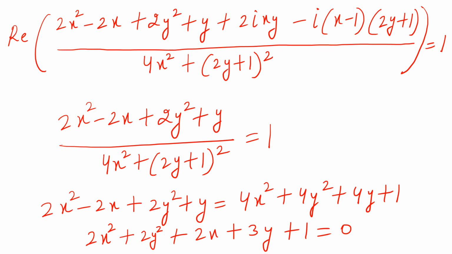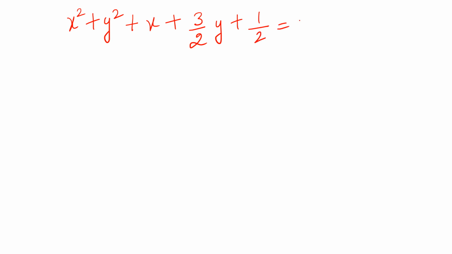Now we move further, find its radius and center. Just divide this equation by 2 throughout. So the final equation of circle becomes x square plus y square plus x plus 3 upon 2 into y plus 1 upon 2 equal to 0.